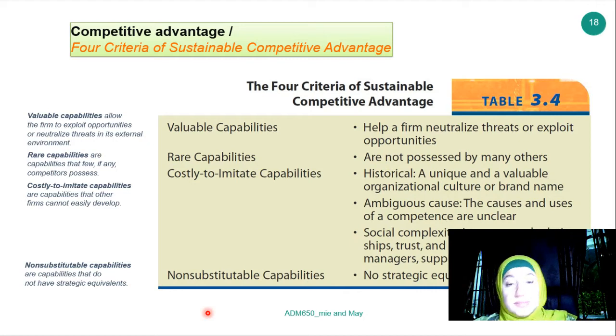Okay, so the second criteria is rare capabilities. The word rare means capabilities that are possessed by few other competitors. An example I can say of rare capabilities is like Piramli and Arwah Sudiman, our legend singer, and actors.